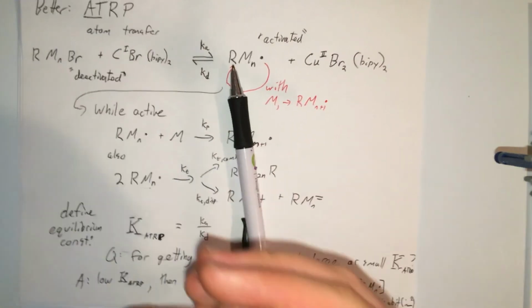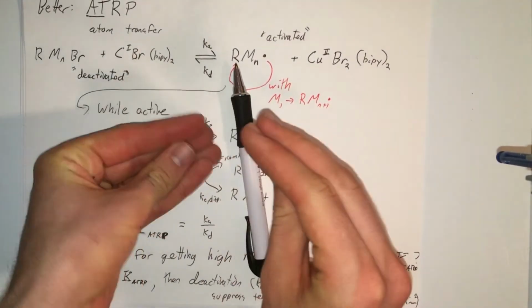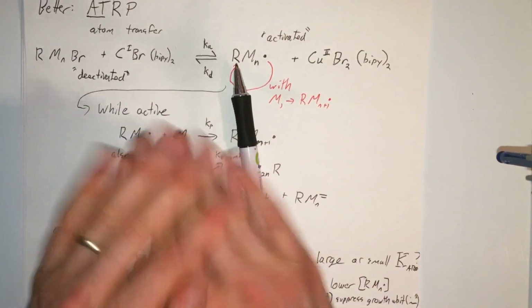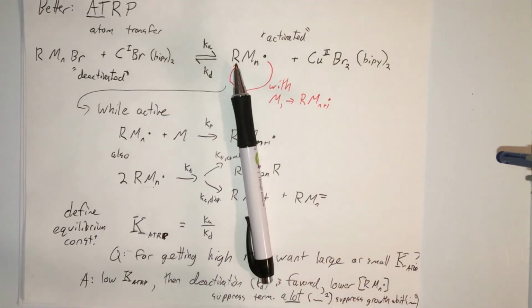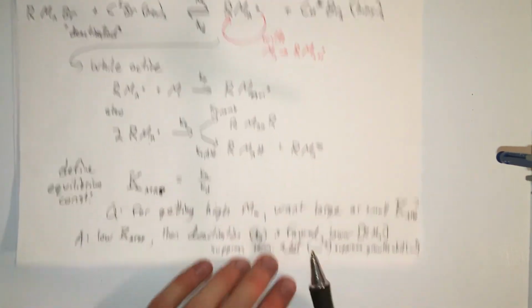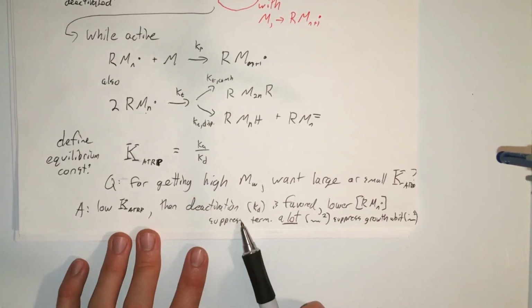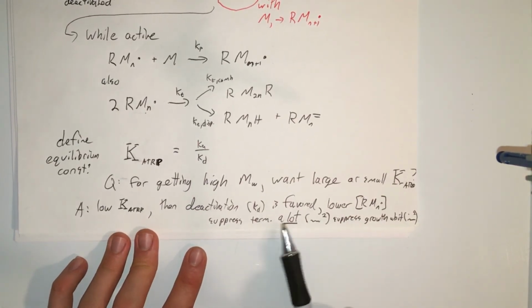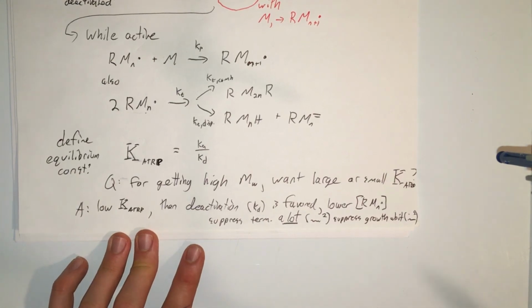That means the chances of any two actively growing chains bumping into each other and canceling any future polymerization is actually quite low. And that's what we need to really suppress termination and get high molecular weights.